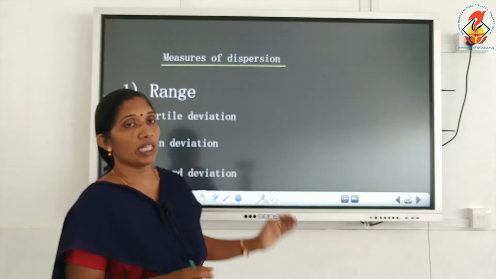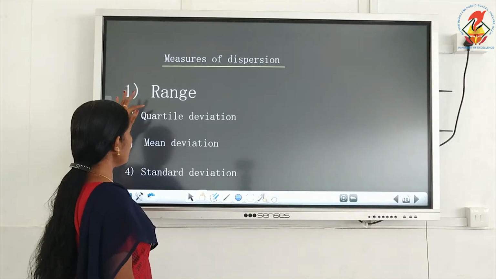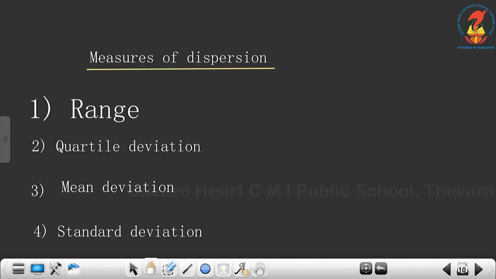For that we have 4 measures: range, quartile deviation, mean deviation and standard deviation. Range you already studied. Range means the maximum value minus minimum value.